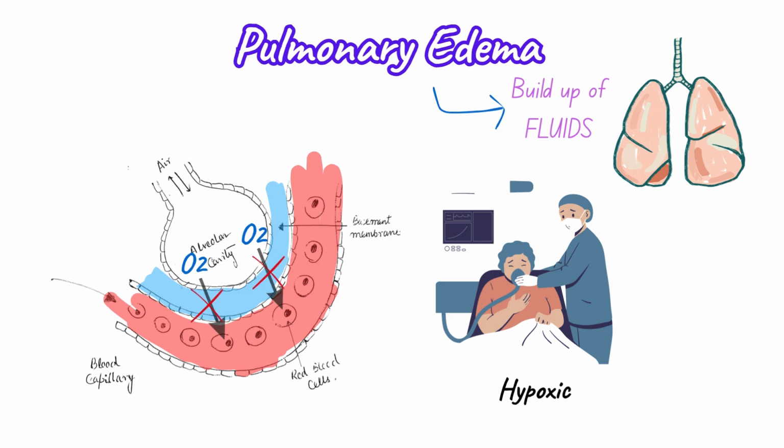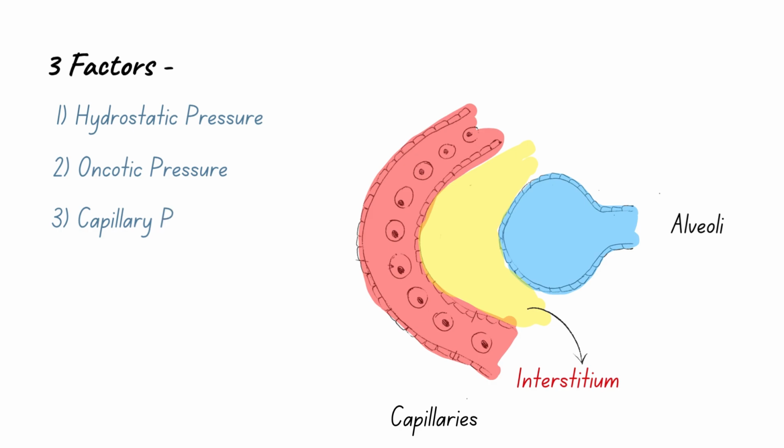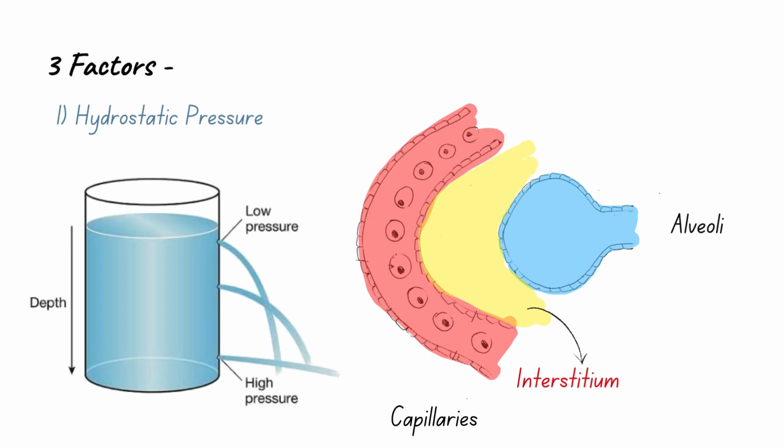To understand pulmonary edema, let's first talk about the three main factors that determine how fluid moves between the capillaries and interstitial fluid, which are the hydrostatic pressure, oncotic pressure, and capillary permeability. Hydrostatic pressure refers to the pressure felt by fluid in a confined space, pushing the fluid out of that space.